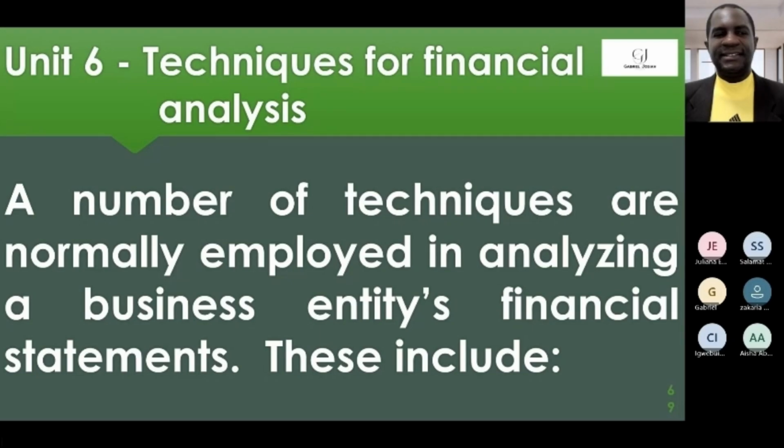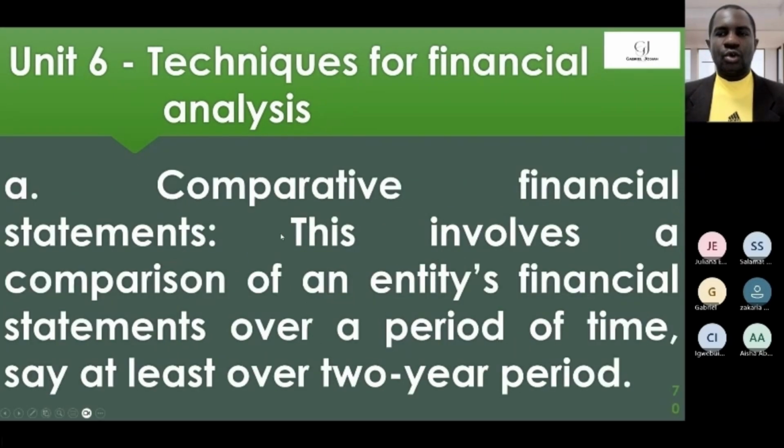So sorry about that. Okay, so a number of techniques are normally employed in analyzing a business entity's financial statements. These techniques include comparative financial statements, where we compare financial statements of an entity over a period of time, say 2 or 3 years. Comparative financial statement analysis is the examiner's favorite.